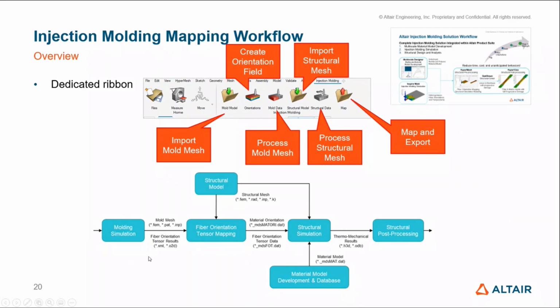Now, maybe some things up front if you're not into that topic at all. When you're looking at injection molding as a workflow, you would have your molding simulation as one step, and you would have your structural model as another step. Obviously you're getting results from the molding simulation, such as the fiber orientation tensors, potentially also the temperatures, as was outlined in the other slide.